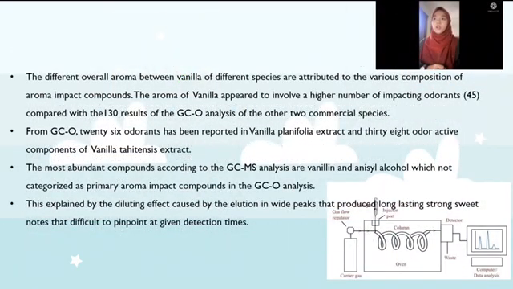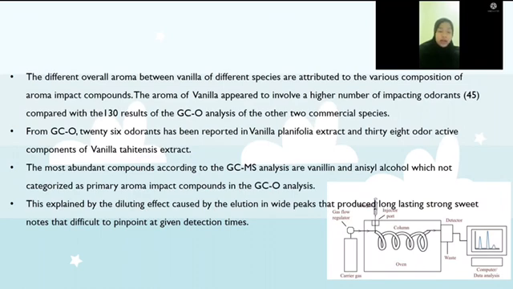The different overall aromas between vanilla of different species are attributed to the various compositions of aroma impact compounds. The aroma of vanilla appears to involve a higher number of impacting odorants compared with the 100 total results of gas chromatography olfactometry analysis of the other two commercial species.